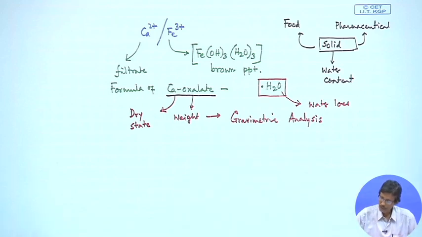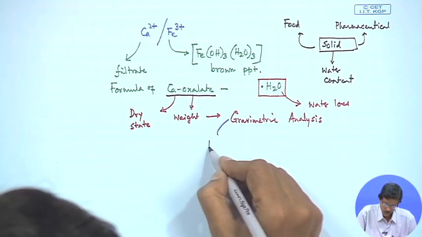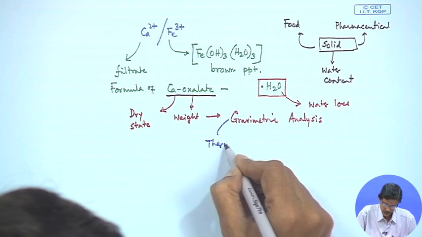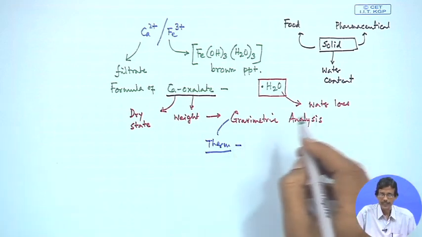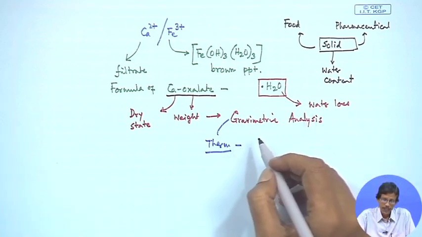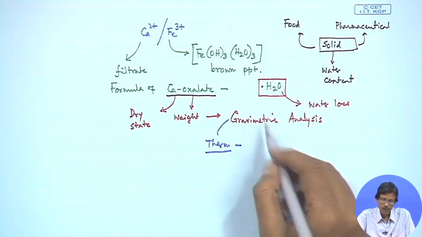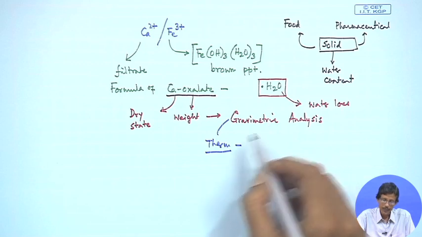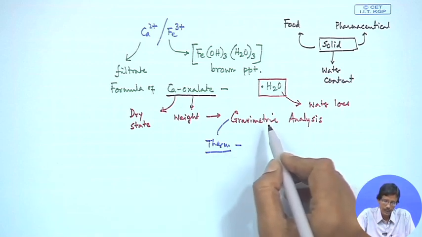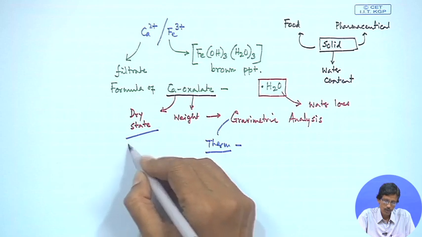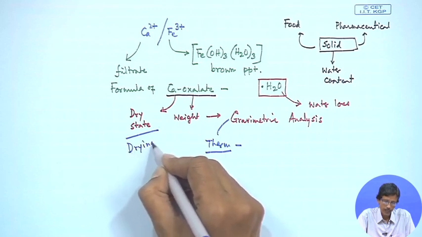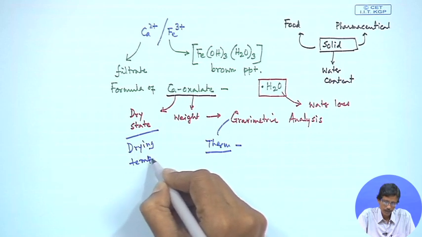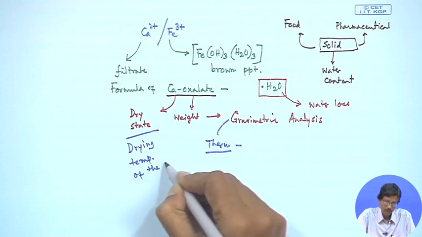So, this thermogravimetric estimation is directly related to the typical gravimetric analysis, and if we add the temperature, the thermometric part, and go for the corresponding weight loss of the whole sample, what we find is that with regard to the temperature, not only the drying temperature, because this will also give you the drying temperature of the precipitate.